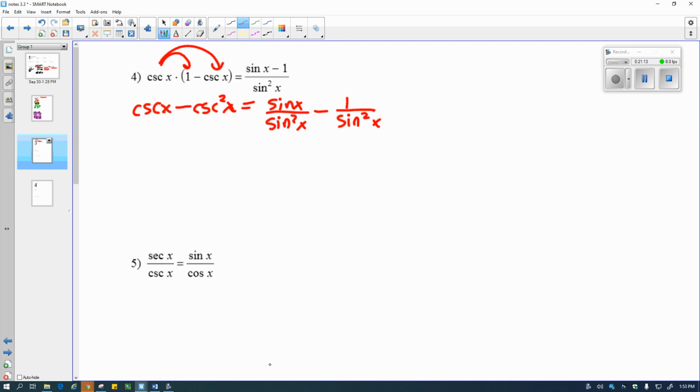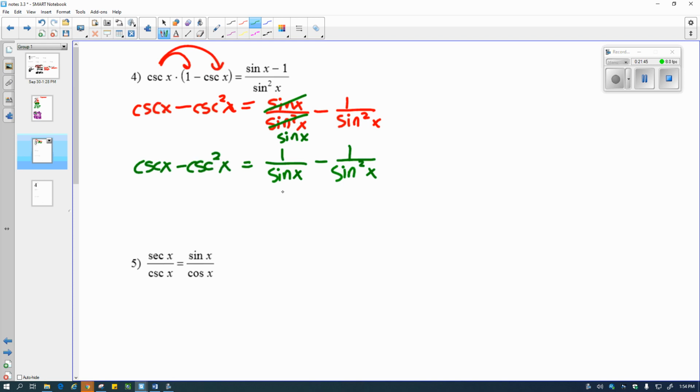And so in this particular problem, I'm going to leave the cosecant x minus cosecant squared x, and I'm going to work off of this other side because I'm starting to see something. I notice that I can cancel out a sine x from the top and on the bottom. So that leaves me with 1 over sine x minus 1 over sine squared x. I left this side the same, so I'm going to rewrite that.